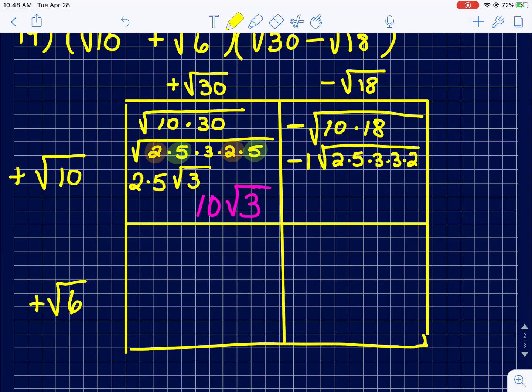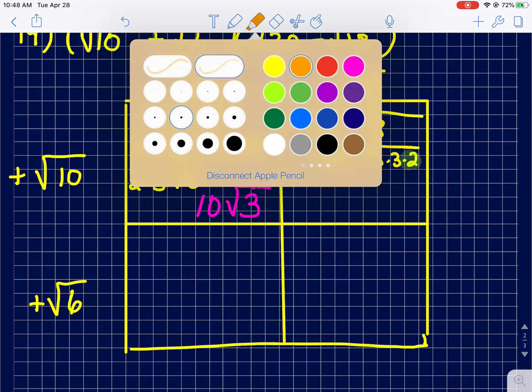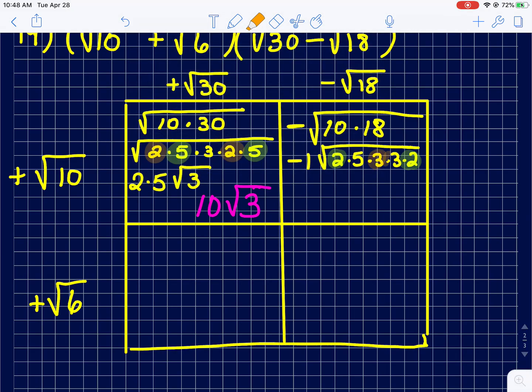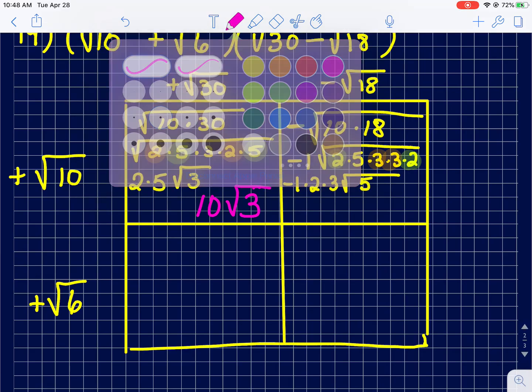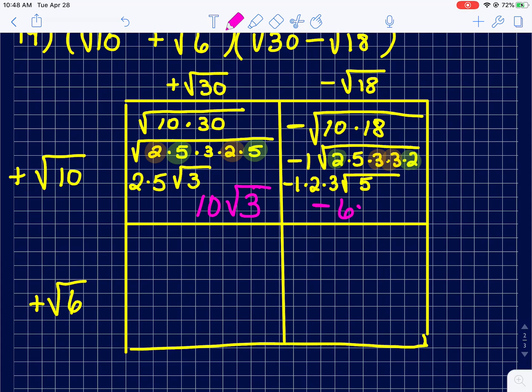So let's think about what can come out of this. We can bring out a set of 2s. We can also bring out a set of 3s. Okay, so we have a -1 outside, so -1 times 2 times 3. Left behind is a 5. And so our final answer in this box is going to be -6 root 5.